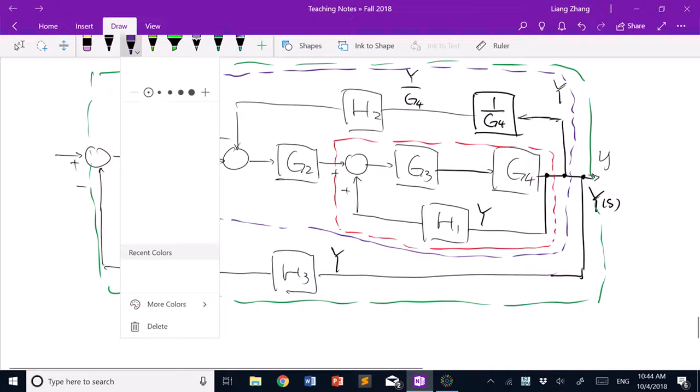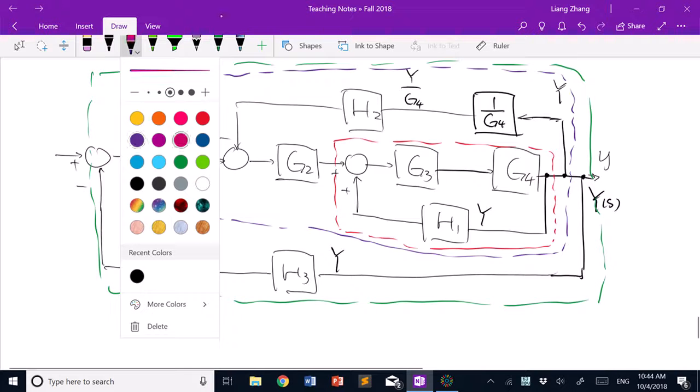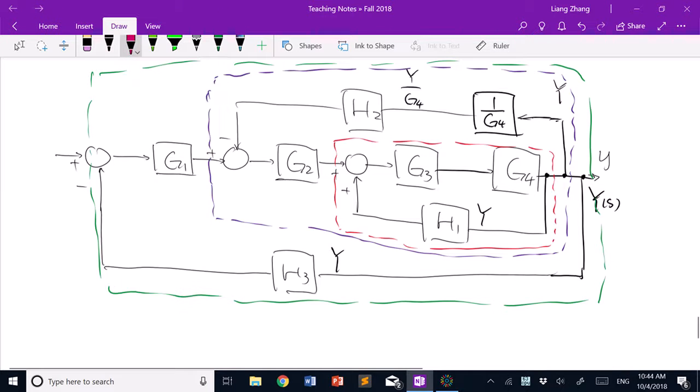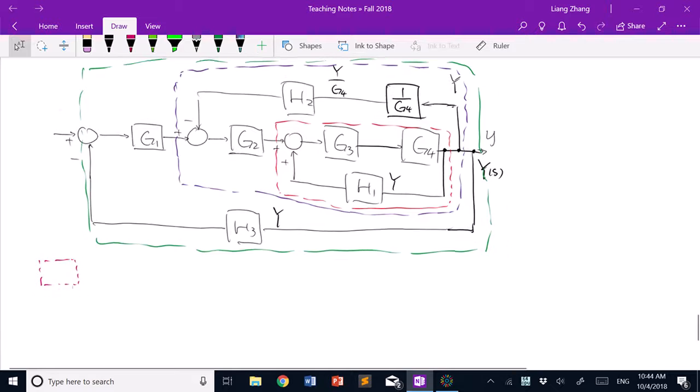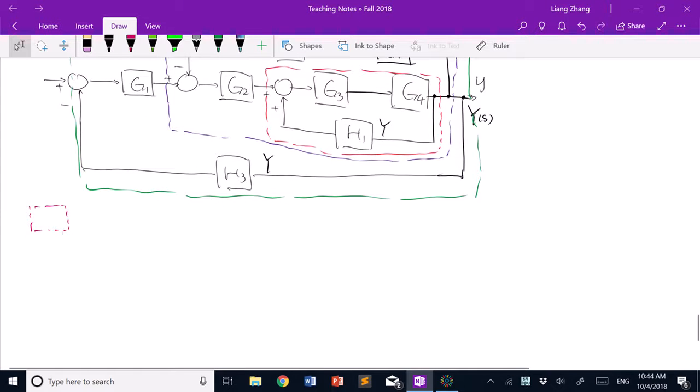Now, that being said, this red guy is something we have.